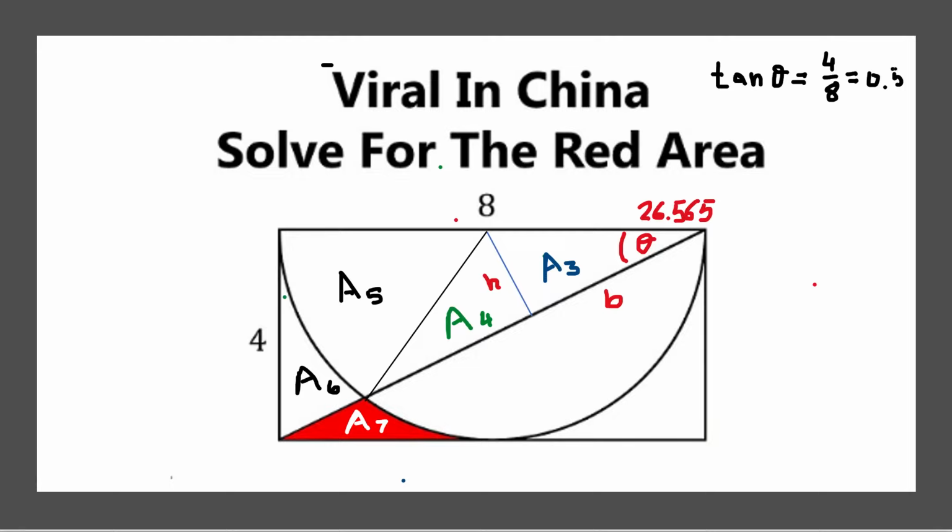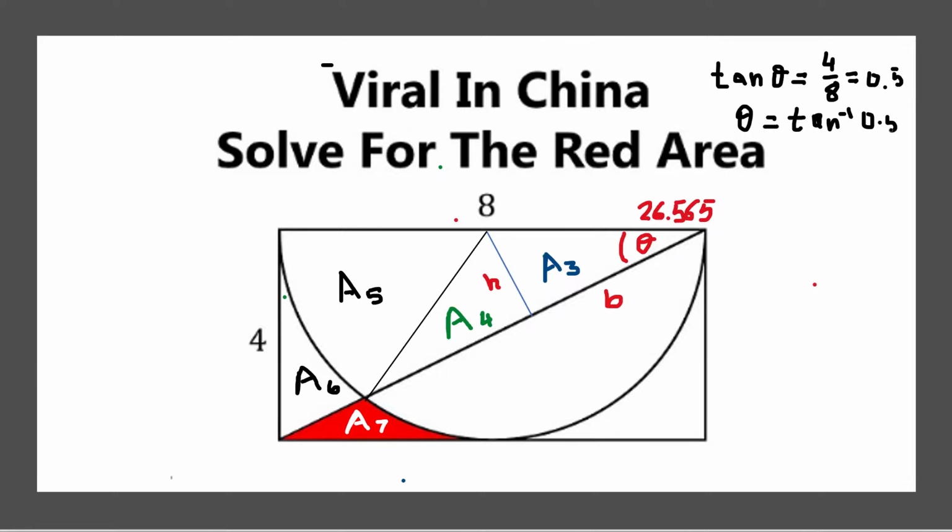Let's use a decimal point because we need to find it in a calculator. So now to find theta, we know theta is equal to the arctangent, or inverse tangent, of 0.5.